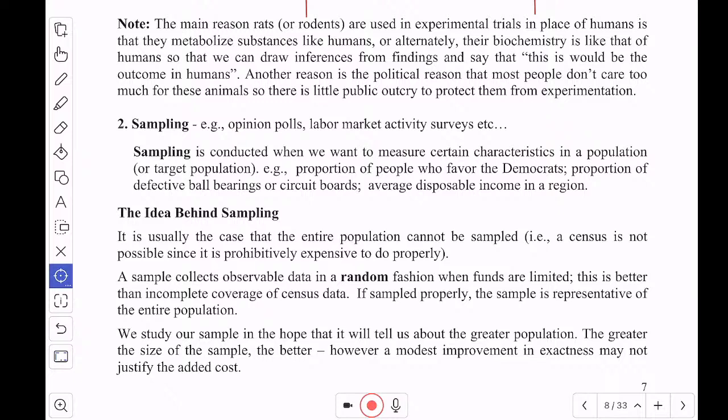So what justifies using a rodent, as though the findings carry to humans? It's because rodents metabolize substances like humans do, and their biochemistry is like that of humans, so that we can draw inferences from findings and say, this is what would be the outcome in humans.